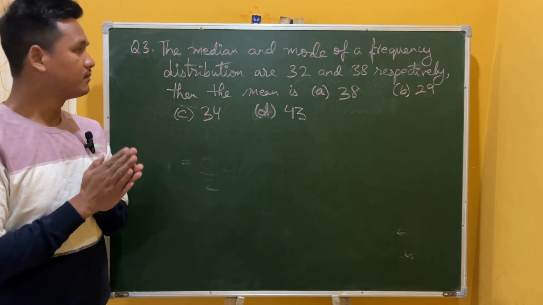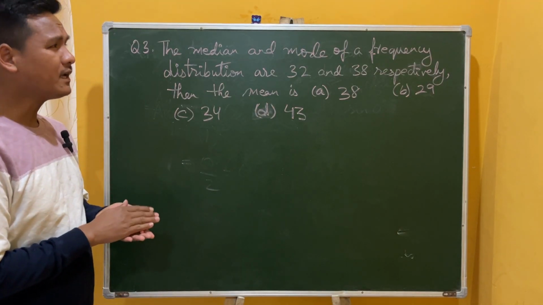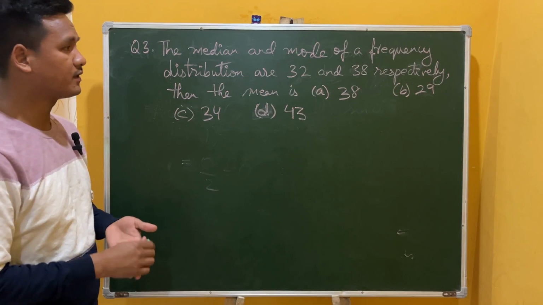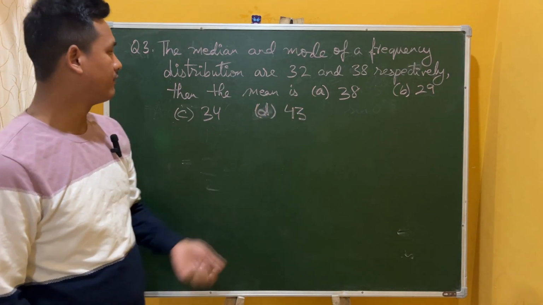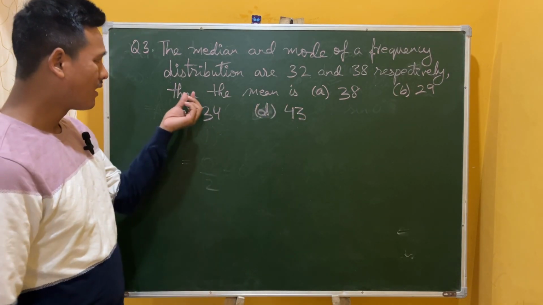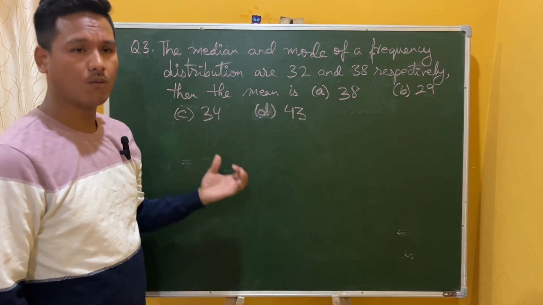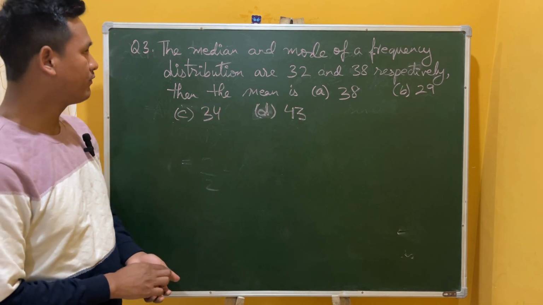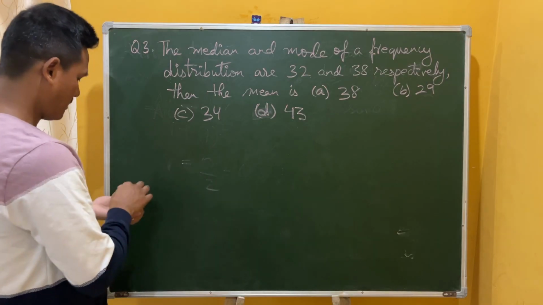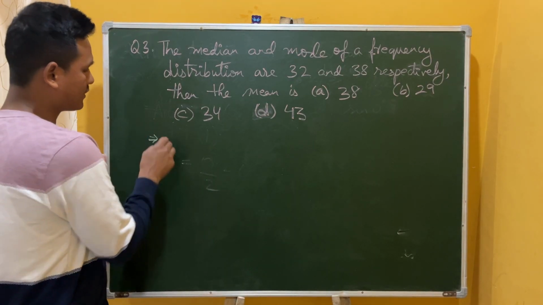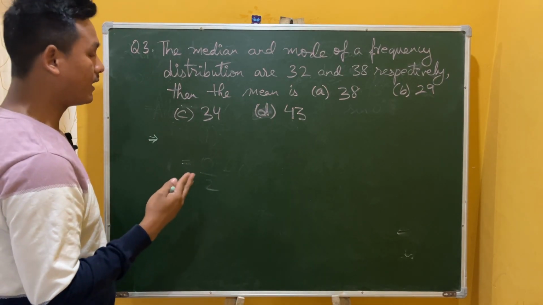So look at this question number 3. The median and mode of a frequency distribution are 32 and 38 respectively. Then the mean is one of these. So how do you find the mean? It's by the direct application of a formula, which is quite important also.